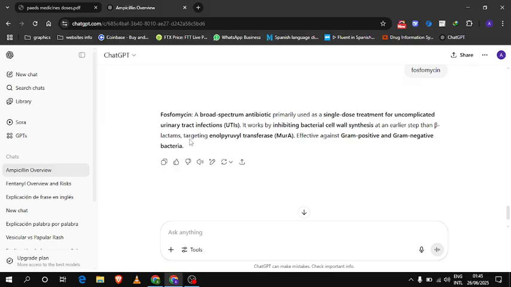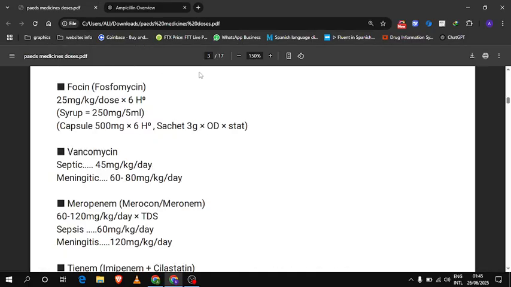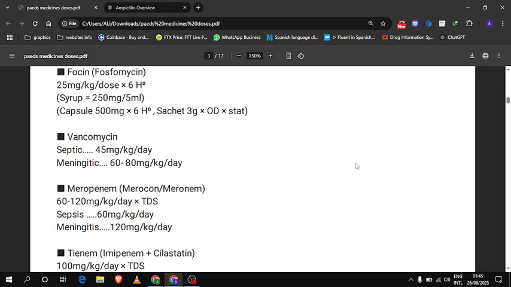It works by inhibiting bacterial cell wall synthesis at an earlier step than beta-lactams, targeting enol pyruvyl transferase, effective against gram-positive and gram-negative bacteria. The dose of phosphomycin is 25 mg per kg. It is given 6 hourly, 4 times a day. The syrup formulation is 250 mg by 5 ml. The capsule is 500 mg, which is also given 6 hourly. It also comes in a 3 gram sachet, which is given just once.